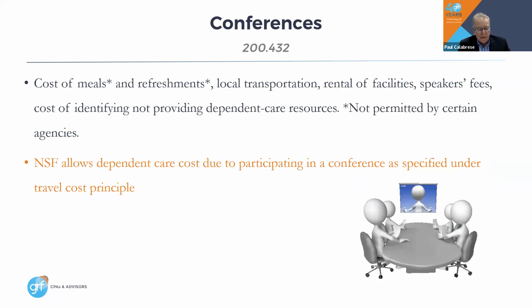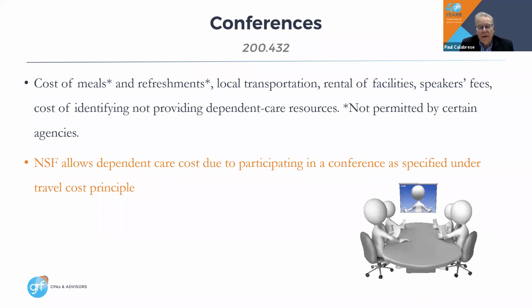Well, I got ahead of myself, but basically at conferences and other meetings, the cost of meals and refreshments generally are allowable. However, certain agencies, I know Department of Justice, and under HHS, HRSA, because I've dealt with those programs, have been very specific and said, even though the general OMB rules under the cost principles allow it, we don't want to pay for it.